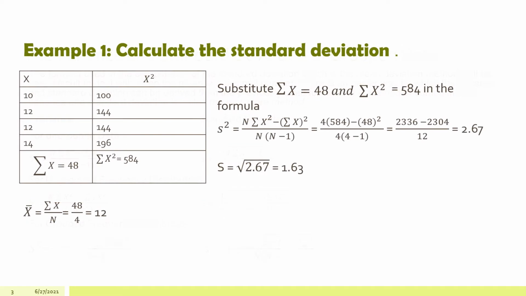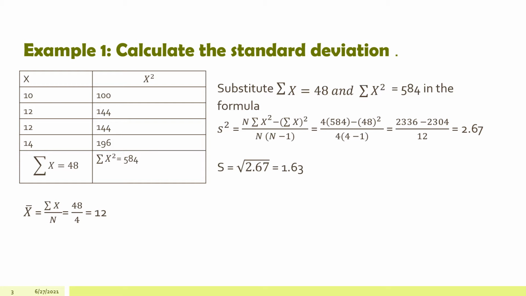Okay, let's have an example here. Example: calculate the standard deviation. We have the scores and the squares of the scores. So 10, then 10 times 10 is 100. 12 times 12 is 144. The same, 14 times 14 is 196. If you get the sum of x, it's 48.